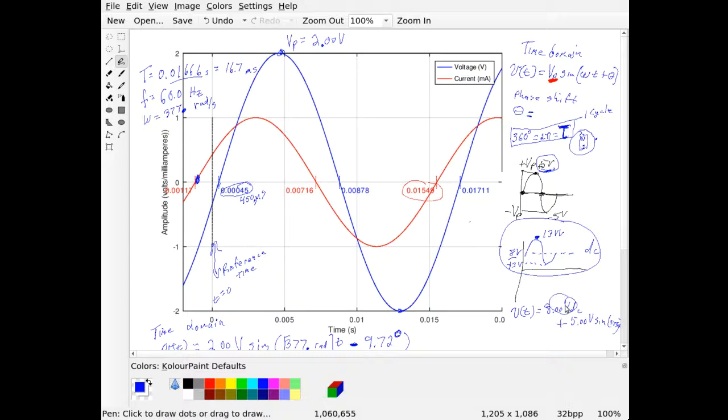So we have DC plus AC running together. And in fact, that happens all the time. That's happening in your computer right now. You have a DC waveform riding on top of your AC waveform. Or I mean your AC waveform riding on top of your DC waveform.